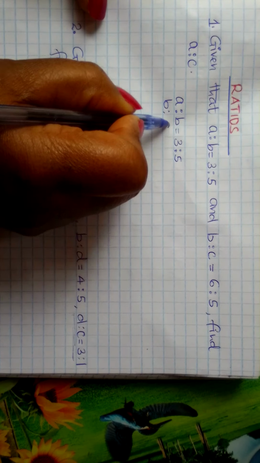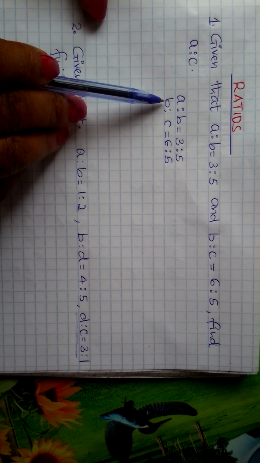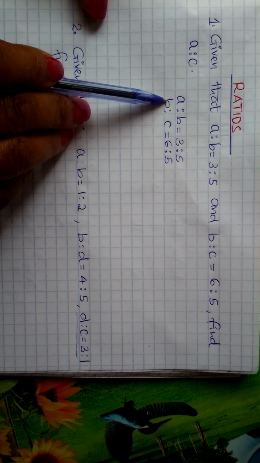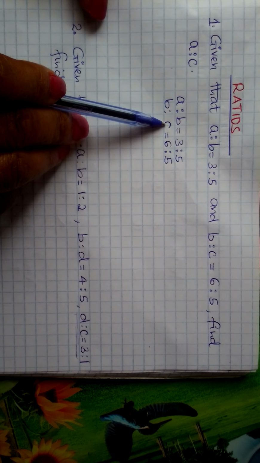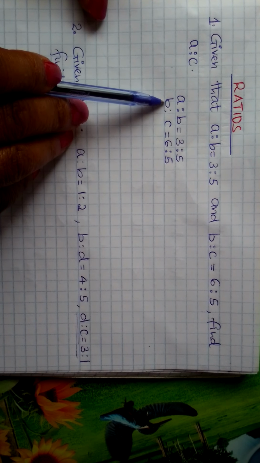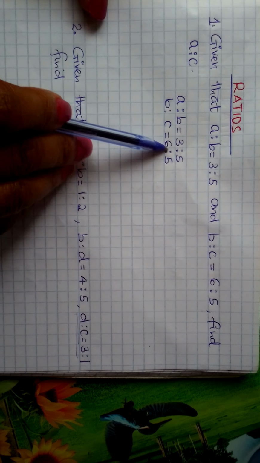So from the first case here, learner, A is 3 and B is 5. In the second case, B is 6. Remember, B here was 5. B is 6 here and C is 5. So learner, what you notice here is that the values of B are different on this side.